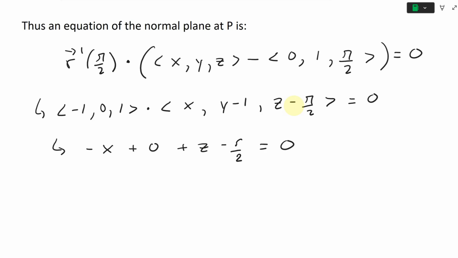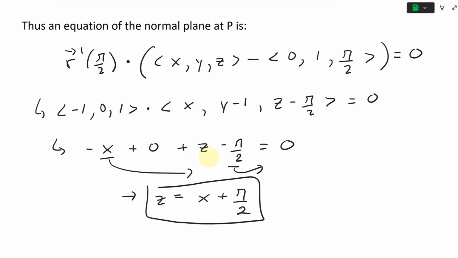All right, so we get this. And now I'm going to write this plane in terms of z. So I'll move these over to the other side. What we get is z equals x plus pi over 2. So this is the normal plane.